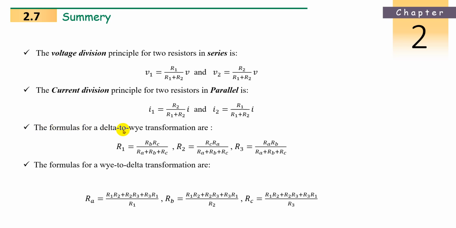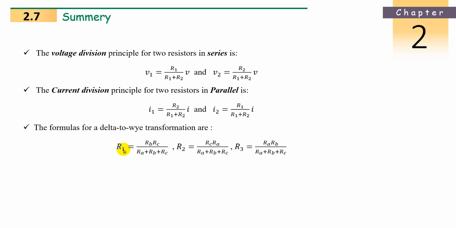The formula for delta to Y transformation: R1 is the multiplication of the adjacent side resistances divided by the total resistance. R3 is also the adjacent resistance multiplication divided by the total resistance.